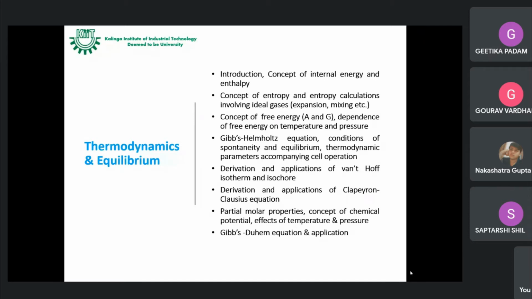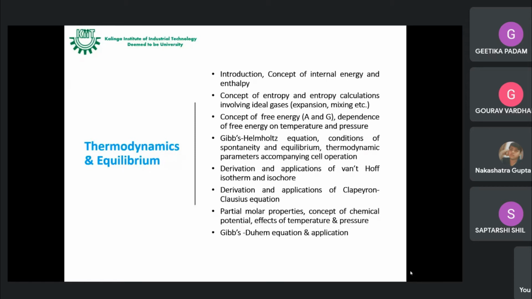These 3 topics you have read in +2. 2 topics are new for you: spectroscopy and nanomaterials. But the first 3 topics, thermodynamics, kinetics, and electrochemistry, you have already read in your +2 level.